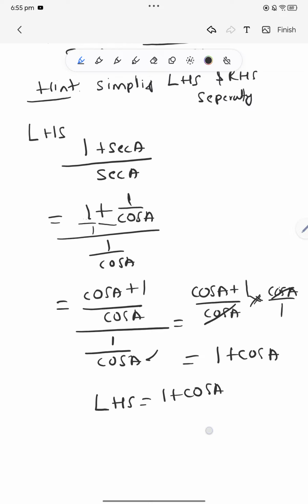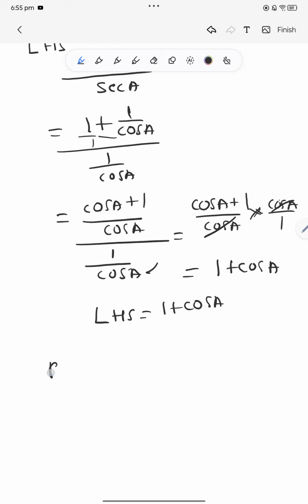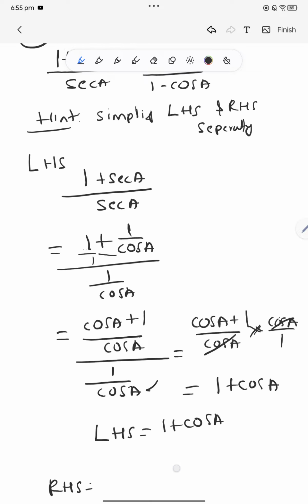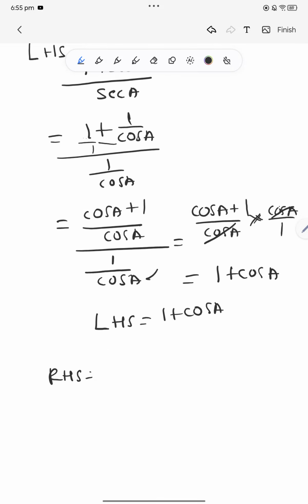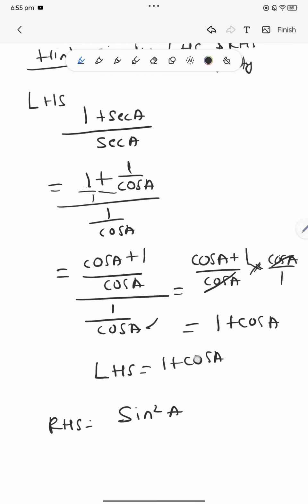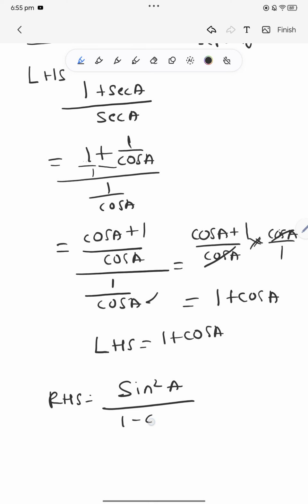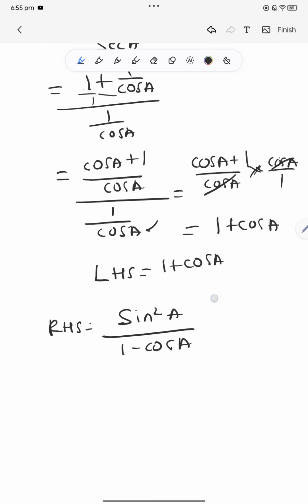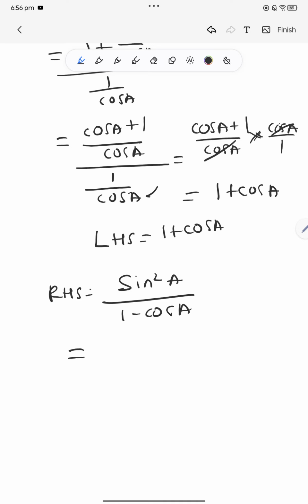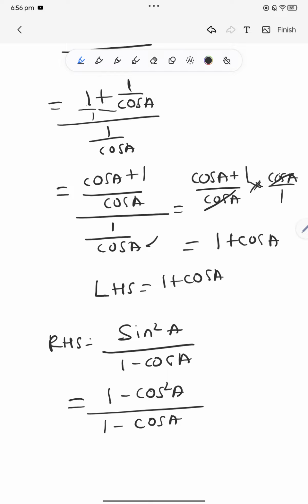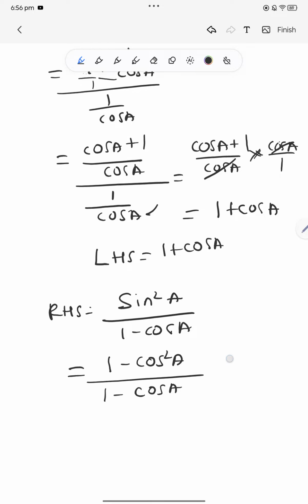Now let us take the RHS. RHS is sin square A divided by 1 minus cos A. We know the trigonometric identity: sin square A is equal to 1 minus cos square A, divided by 1 minus cos A. Our LHS is 1 plus cos A, so we have to eliminate this.